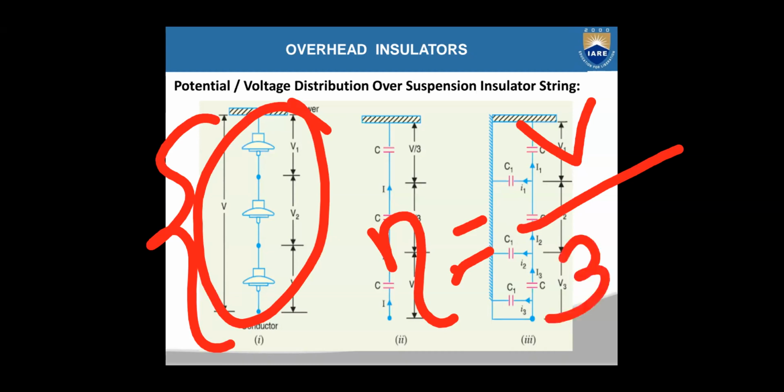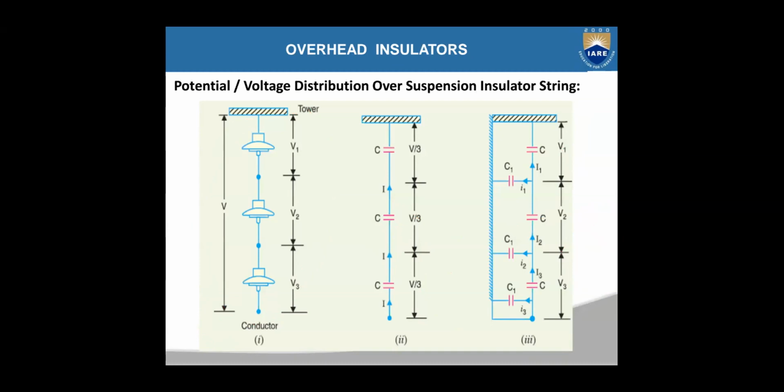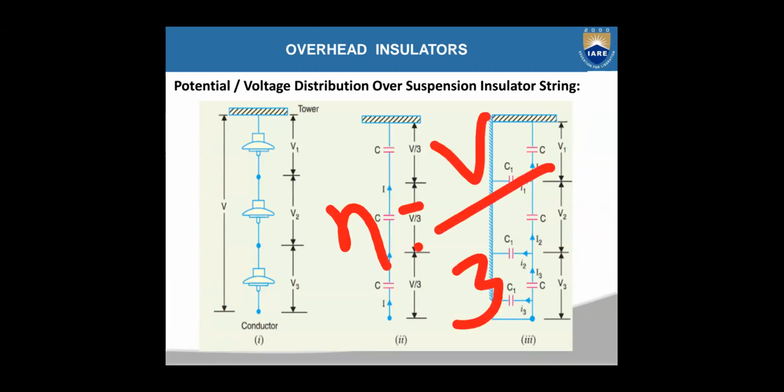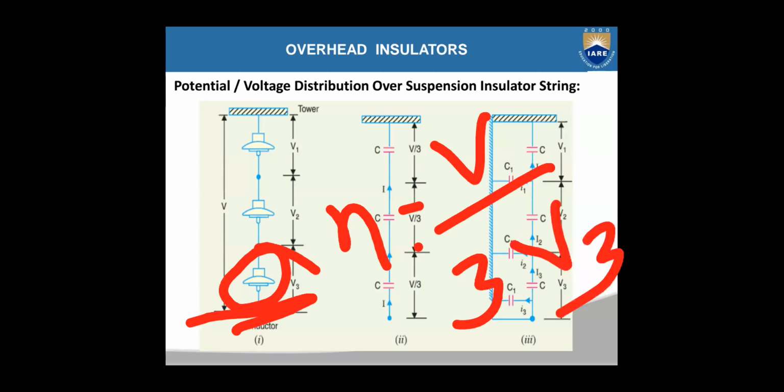The conductor is connected to disk number 3, so that is the voltage across disk 3, V3. This is the string efficiency when there are 3 disks connected in series.